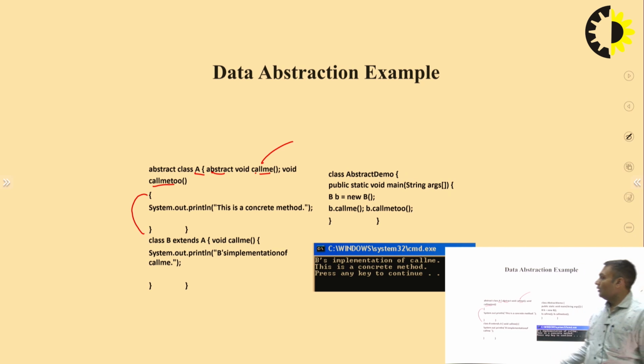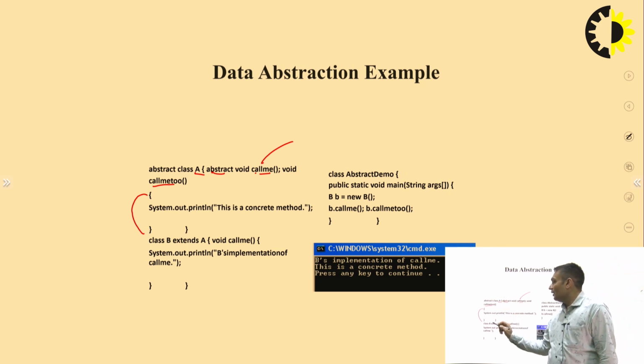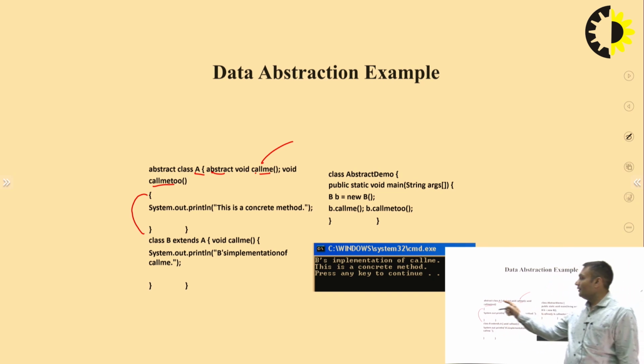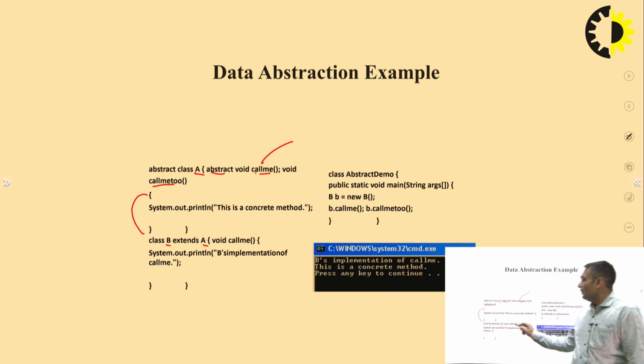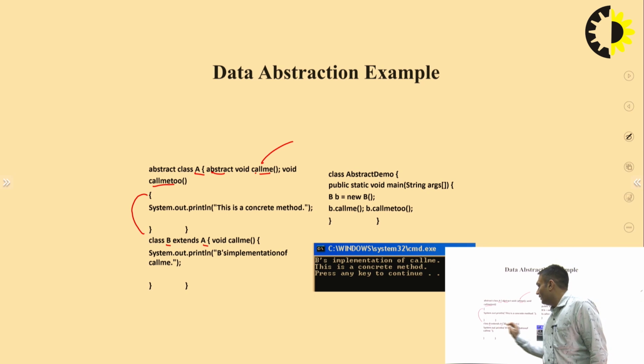Because this is an abstract class, the class that will extend this class will define the method callme. So there is another class B that is extending class A, and the callme method is defined here.